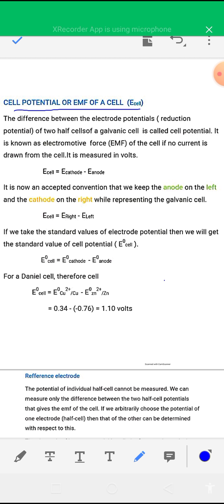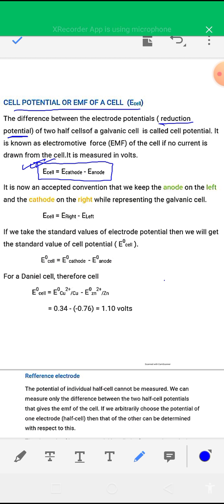It is the difference between the electrode potentials of the two half cells of a galvanic cell. And again I want to mention that the electrode potentials must be in terms of reduction potential. Both the electrode potentials you have to convert into reduction potential.